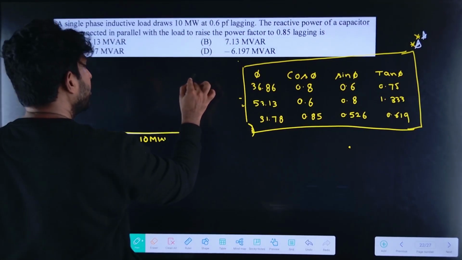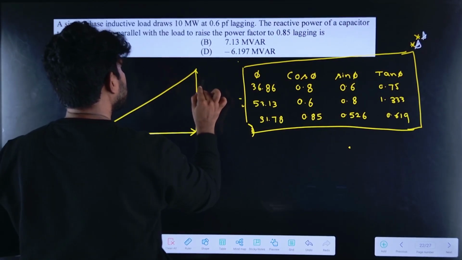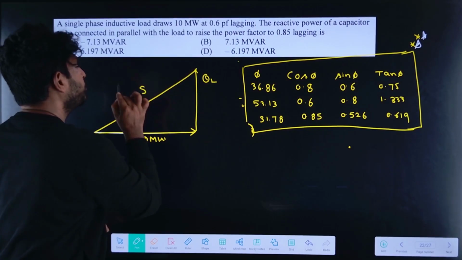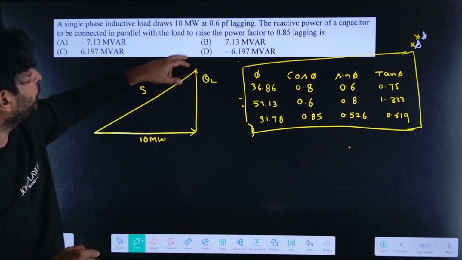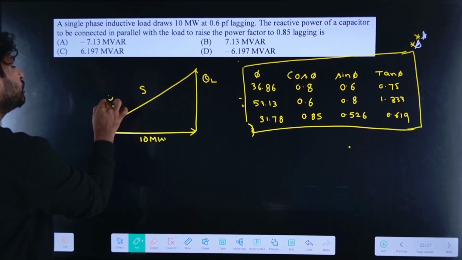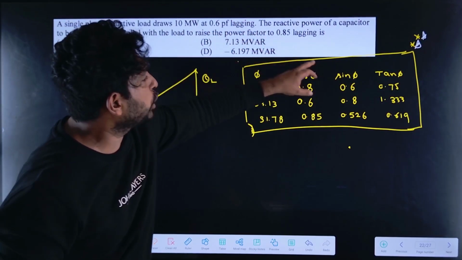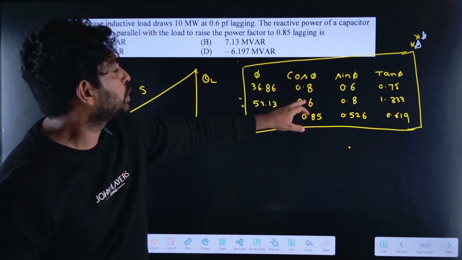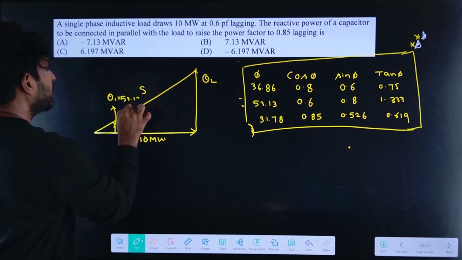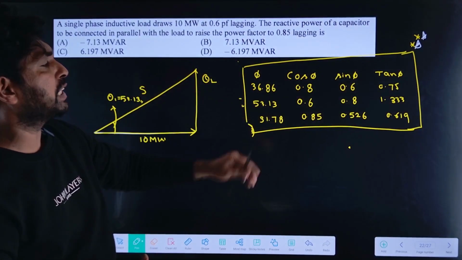If I draw the power triangle, let me assume this as QL and this as S. The theta 1 is given by the 0.6 power factor lagging, so cos inverse of 0.6 is 53.13 degrees.